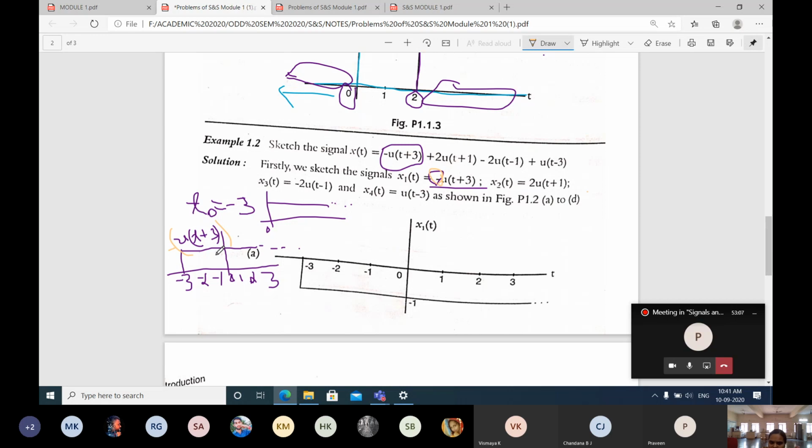It's not a reflection. Remember, it's not a reflection. The amplitude values are going to be changed. Here, when u of t plus 3 is done, what is the amplitude? For the whole function, it is plus 1. Plus 1 multiplied with the minus means you will get minus 1. So the signal is going to change to the negative side.